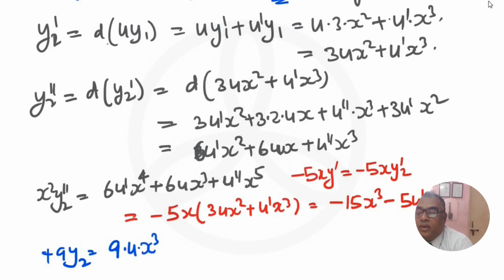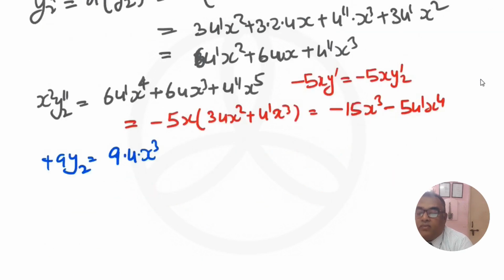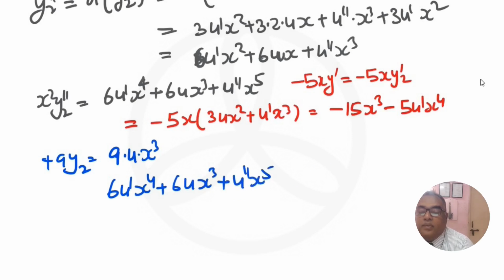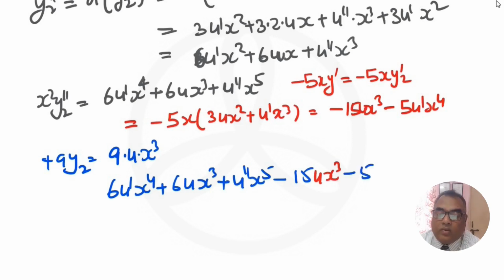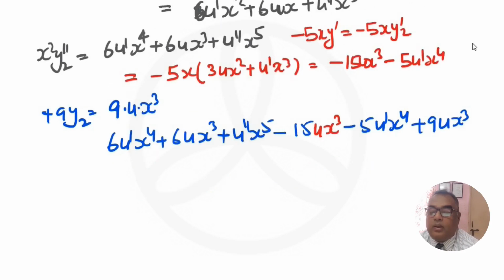So we have 6u prime x to the power 4 plus 6ux to the power cube plus u double prime x to the power 5 minus of 15ux to the power cube minus of 5u prime x to the power 4 plus 9ux cube. Now we have this 9 plus 6, this is actually 15.